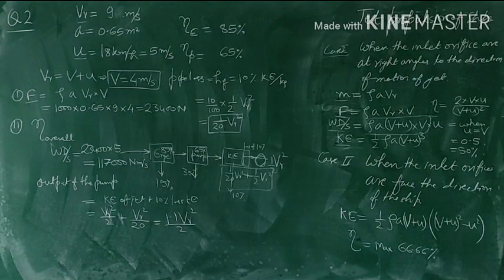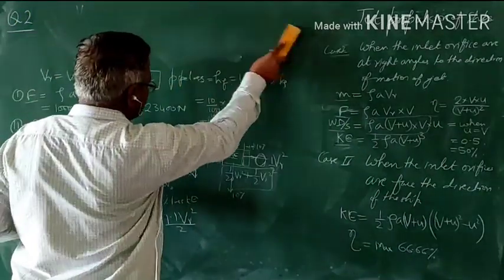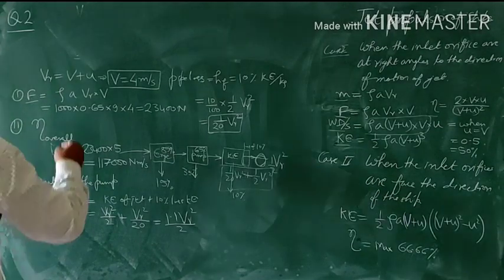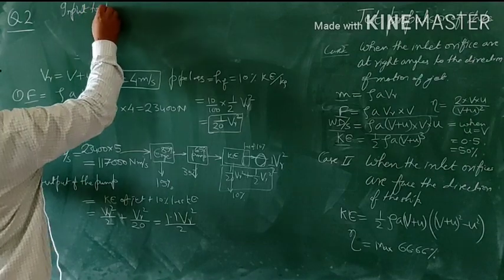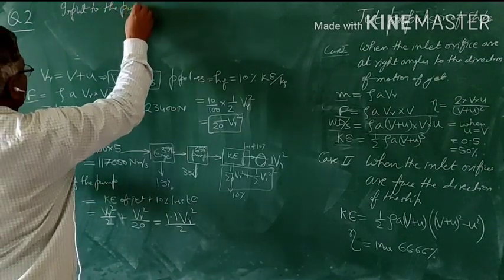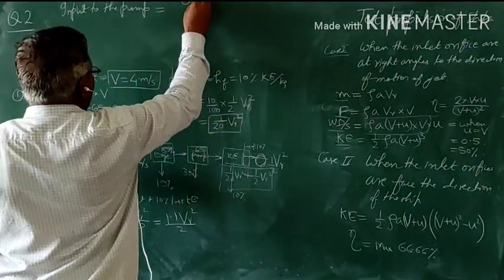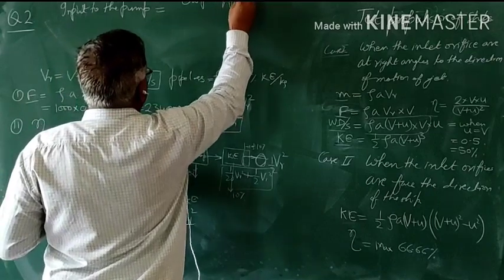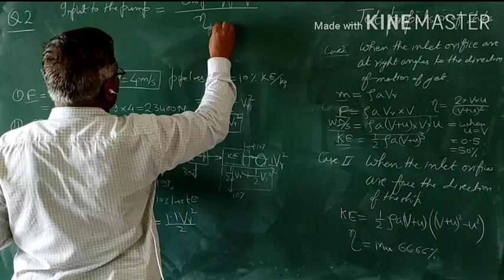Now, I'll remove this top area first, then we'll solve here. Input to the pump per kg will be equal to the output of the pump upon efficiency of the pump.